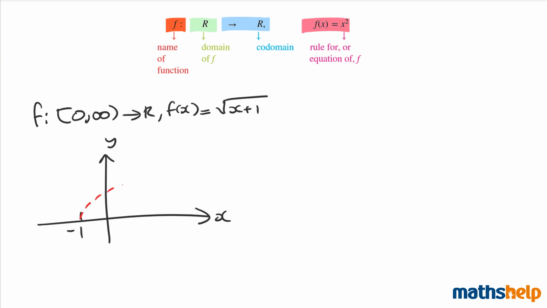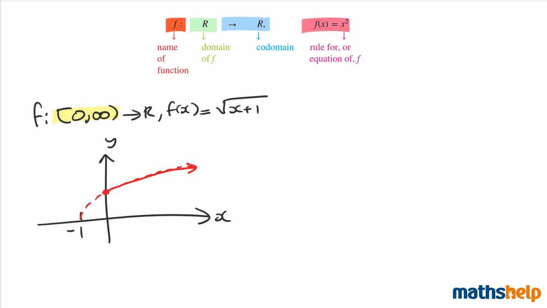If you sketch this graph, or the full graph, then you would lose marks, or you would be marked wrong. And the reason for that is that this function is only defined from 0 to infinity. So it would only be this part of the graph.